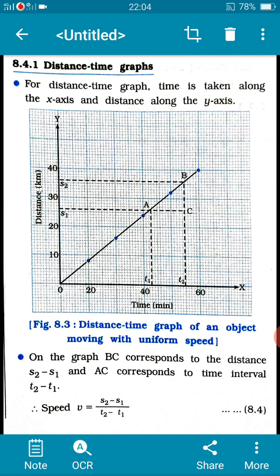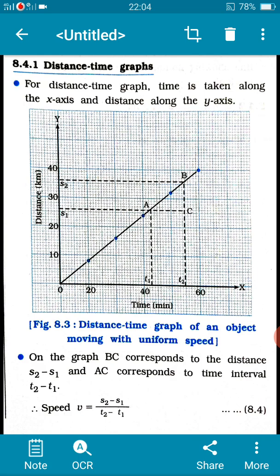Okay, now on the graph, see the portion AC. AC denotes the time interval, that is T2 minus T1. How will you get it? See the line that reaches the x-axis, the dotted line from C and from A? Yes, that is T2 minus T1.